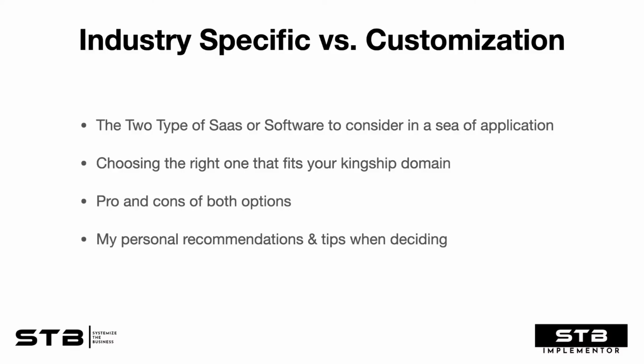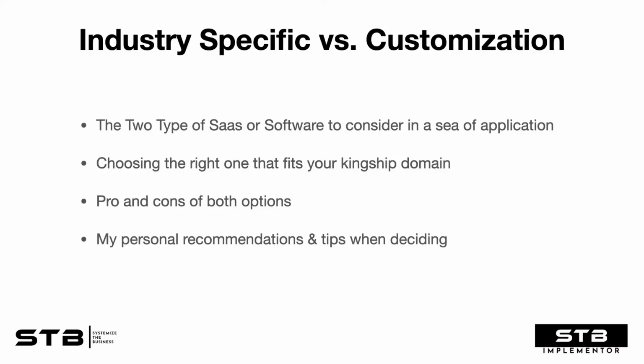There are 2 different types of software technology out there: industry specific versus customization. So, the 2 types of SaaS, or software, to consider in the sea of applications. You will see a sea of applications once you go through the 7 steps and figure out your systems and what you want to use. You will see a massive amount in the marketplace.